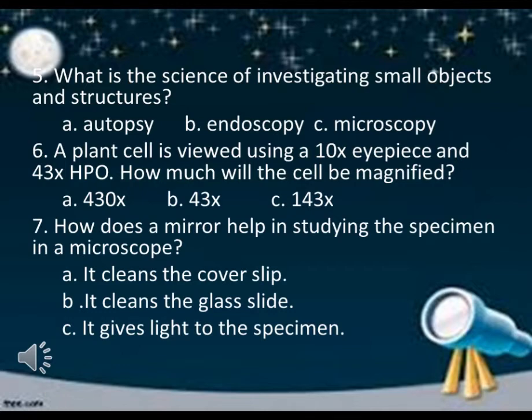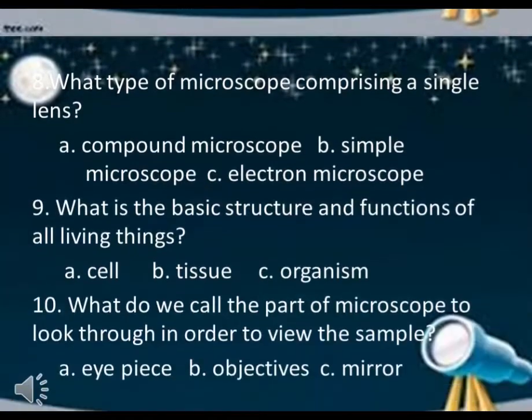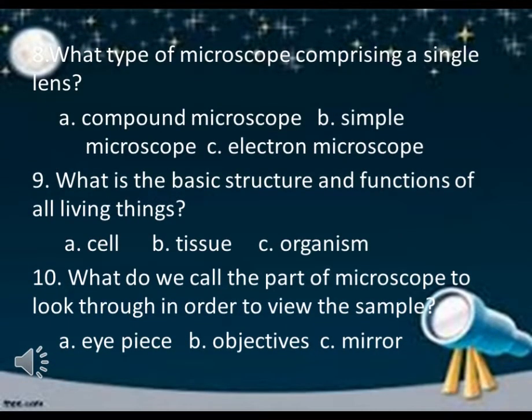A. 430 times. B. 43 times. C. 143 times. Number 7. How does a mirror help in studying the specimen in a microscope? A. It cleans the cover slip. B. It cleans the glass slide. C. It gives light to the specimen. Number 8. What type of microscope comprises a single lens?